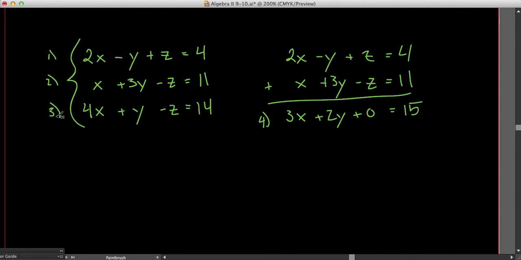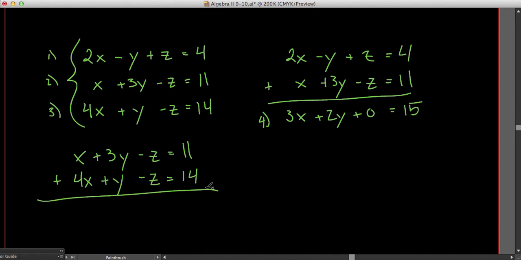So we can now write a second equation, which we can create by combining our second and third equations. So if we write this as x plus 3y minus z equals 11, and then we can combine this with our third equation, 4x plus y minus z equals 14.